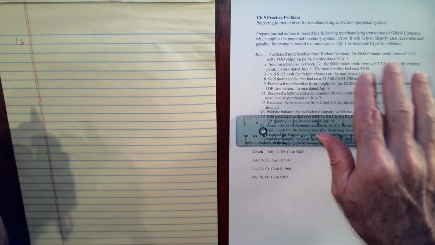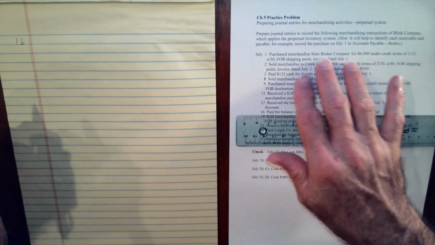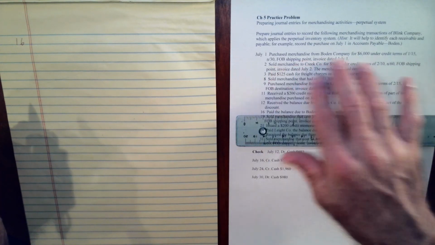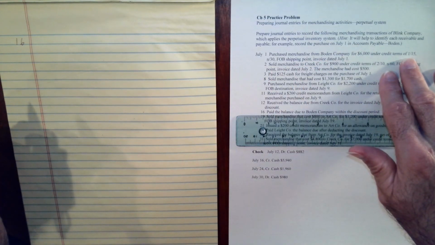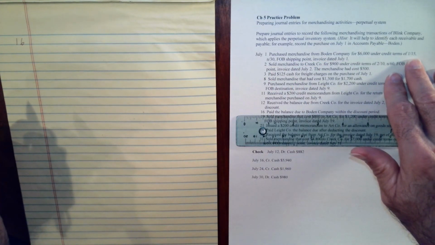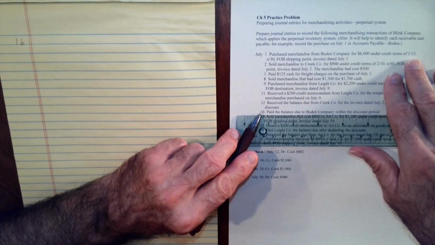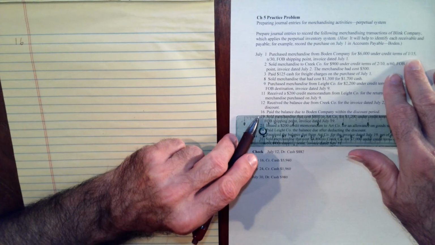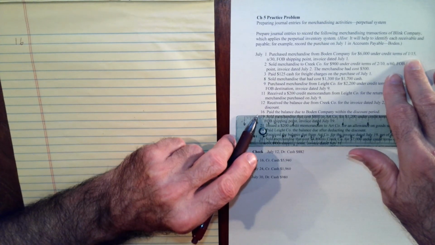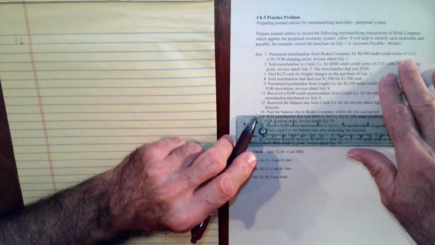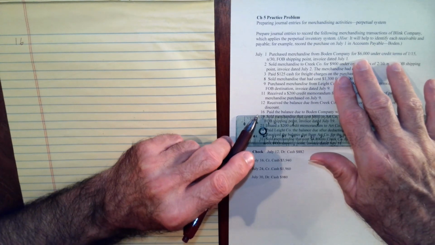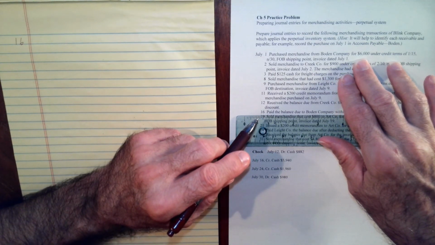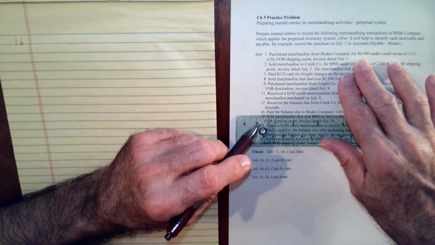It was back here at $6,000. We were to receive 1% if we paid within 15 days, and here it is the 16th. We initiated on the 1st of July, so we made it within that 15-day limit, and we're going to calculate 1% of 6,000. I dare say most people will know how to do that. That's going to be 60 bucks.